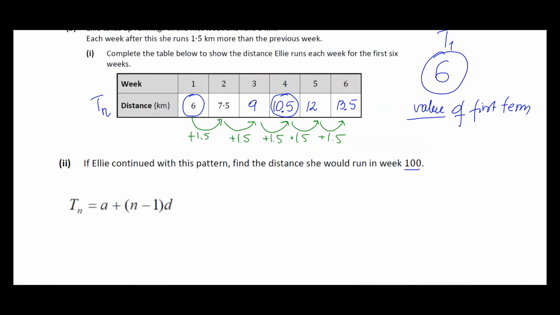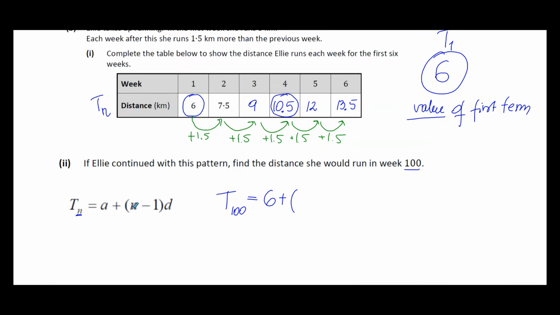So let's fill in the blanks. So T, and we are asking which term am I looking for? I'm looking for the 100th week, for the 100th term. That's basically what it means. That n here represents which term it is. So this is the 100th term. a is the value of the first term, so that's my 6, plus n again means the same thing as here.